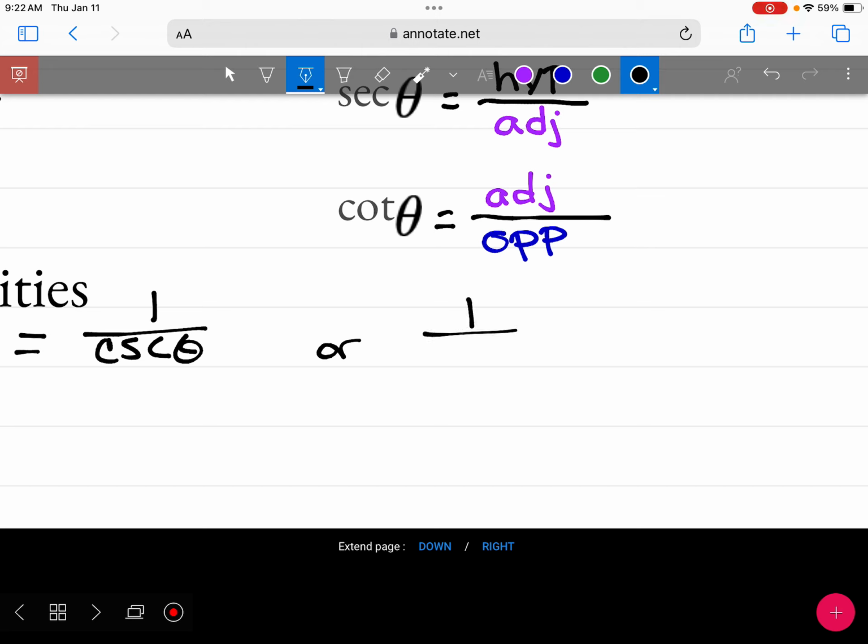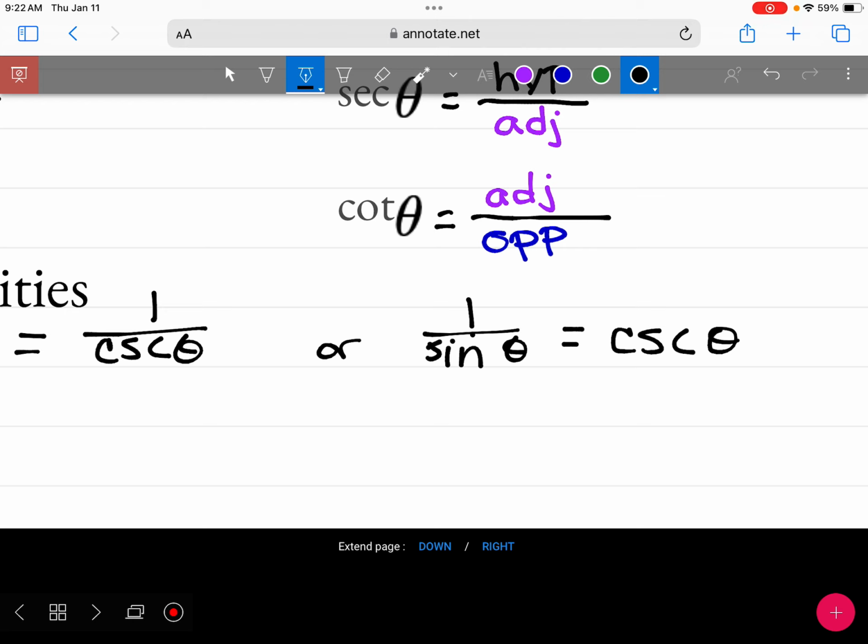Or you can think of it as 1 over sine is the same thing as cosecant. They're reciprocals of each other. Sine and cosecant, cosine and secant, tangent and cotangent.